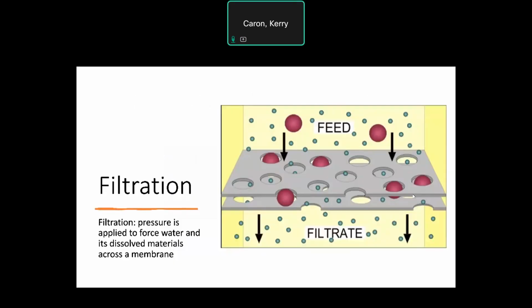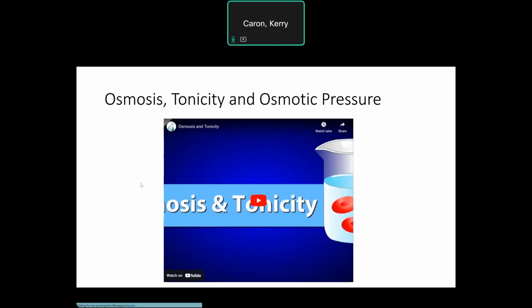Okay. So if we go back one, I like to think of the shrinkage of cells. Think about when you go to salt water, you go to the beach, your hands prune. That's because water is leaving your cells in your hands and going to the area of highly concentrated salt solution.